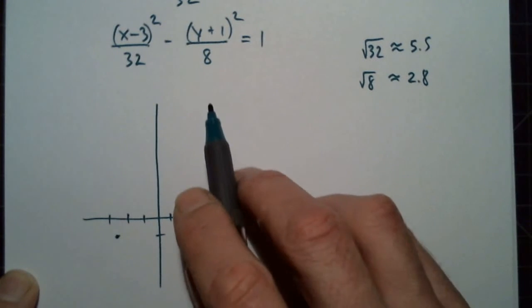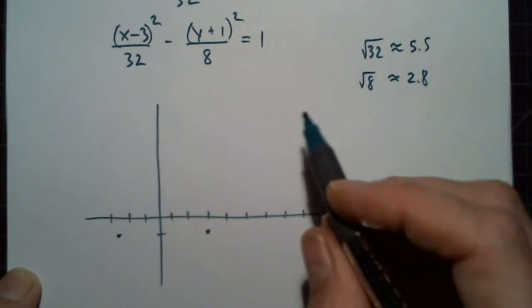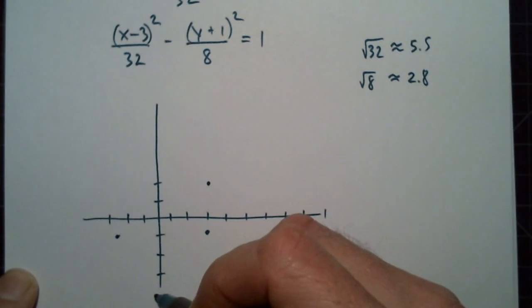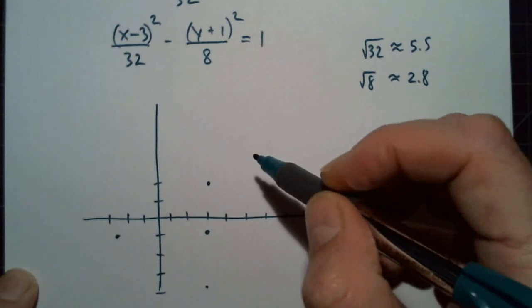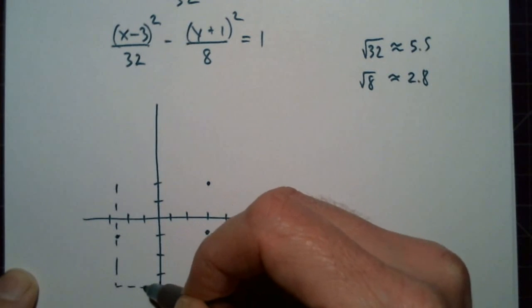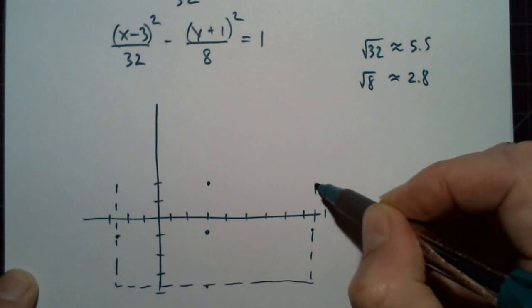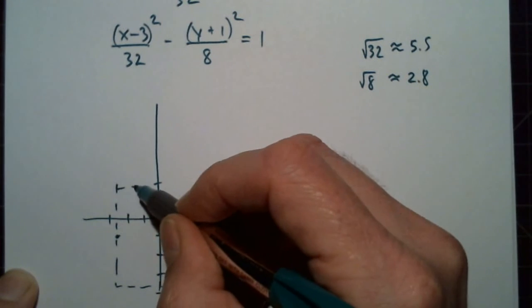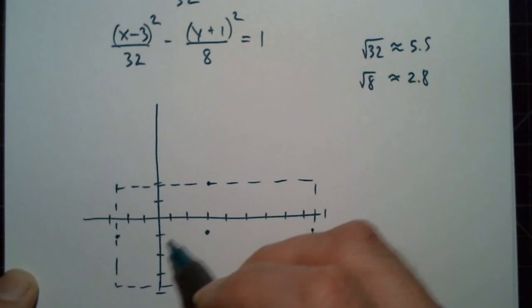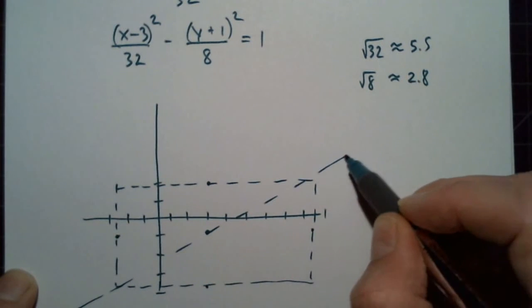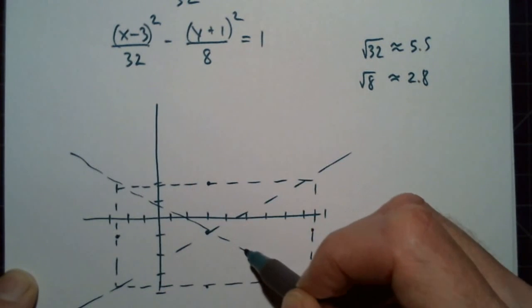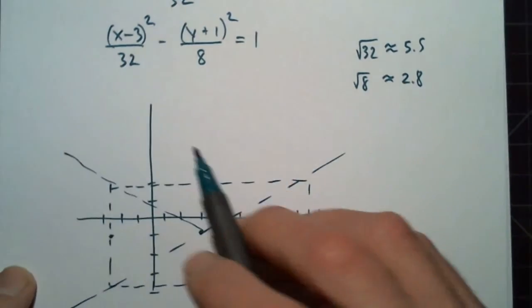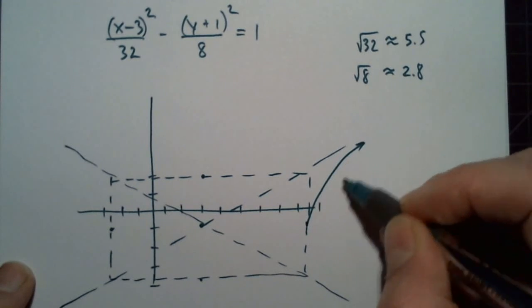And we will move vertically 2.8. 1, 2.8. It's opening horizontally, and we'll have this.